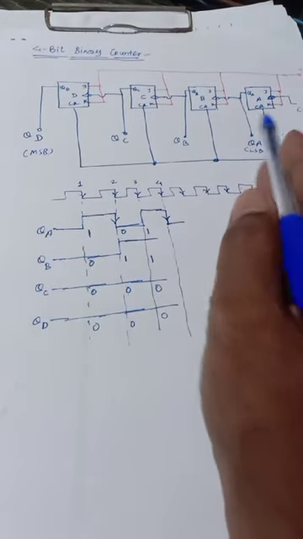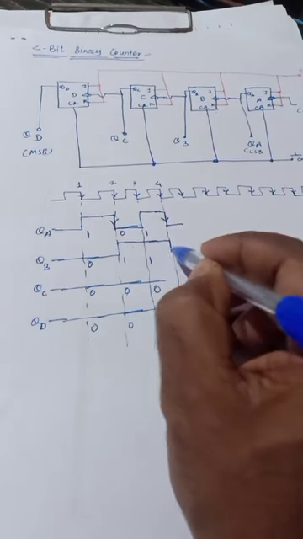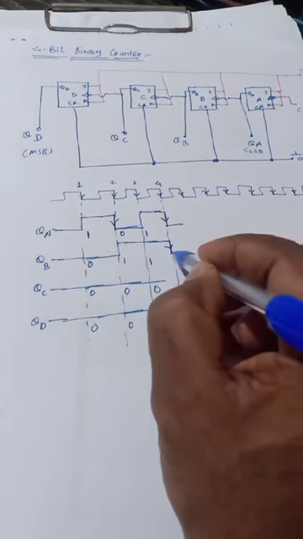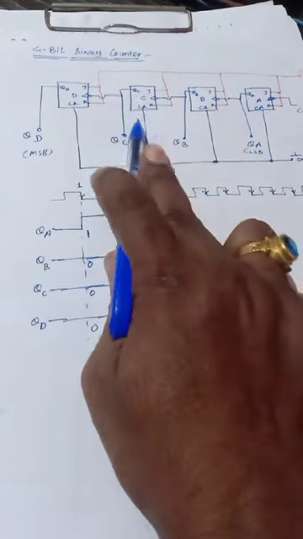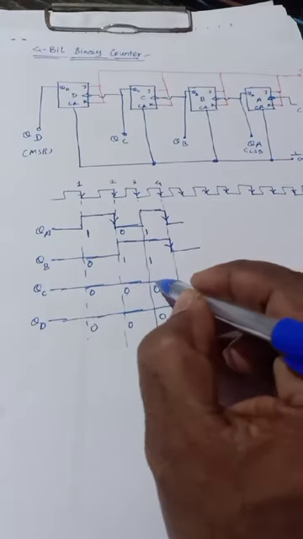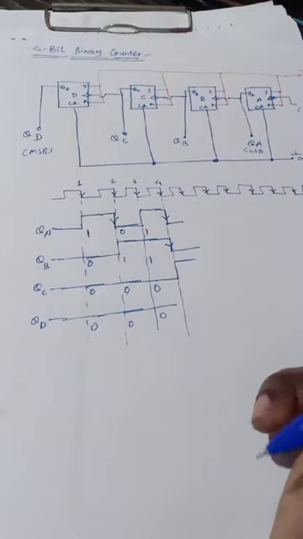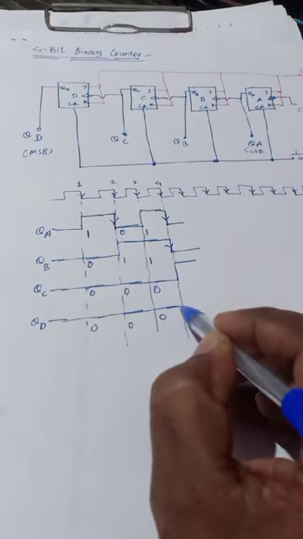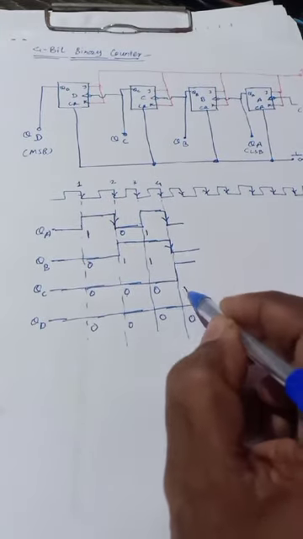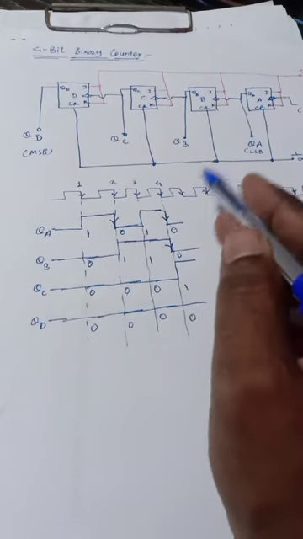This is a falling edge, and it is applied to the next, so that one changes. Then the rising edge is connected to the third, so there is no change because it is a rising edge. So the output becomes 0 1 0 0, which indicates 4.